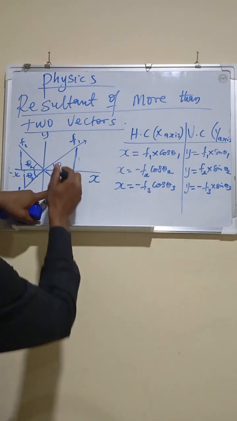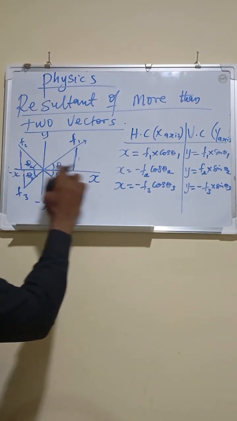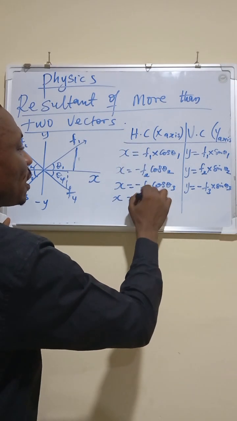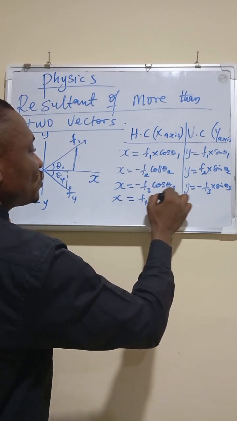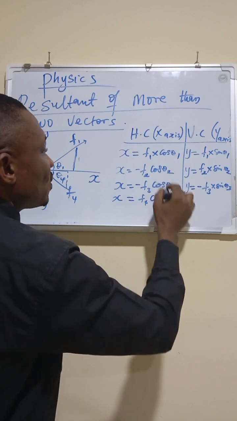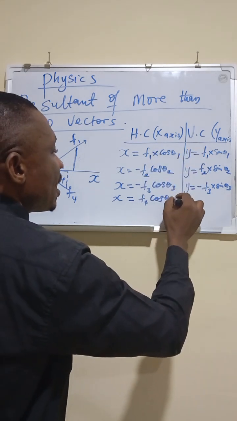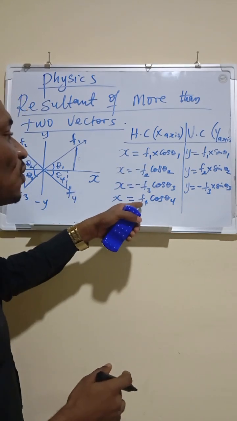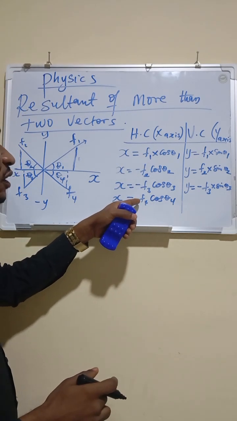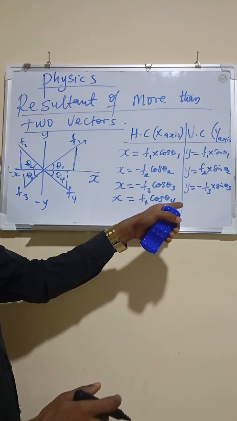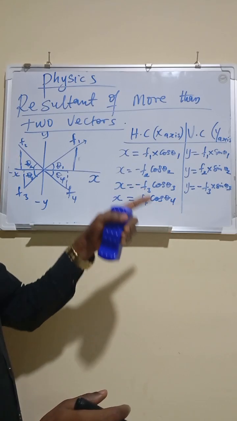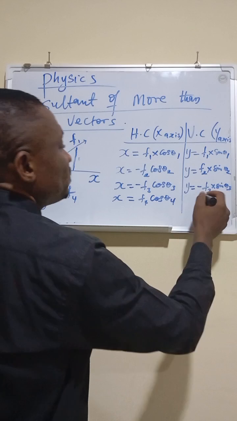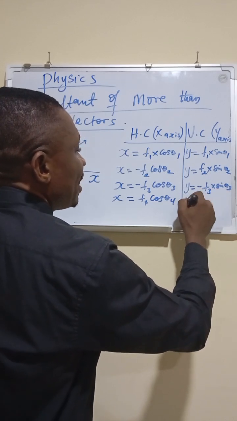When you come to this, x is positive. So x equals F4 cos theta 4. F4 cos theta 4 is the same thing as F4 times cos theta 4, so you can still put it that way, I'm economizing my board.